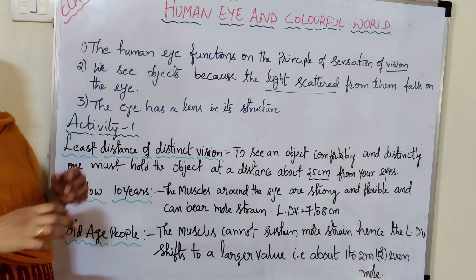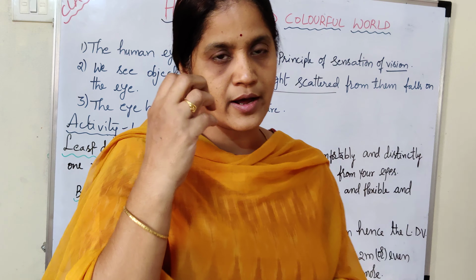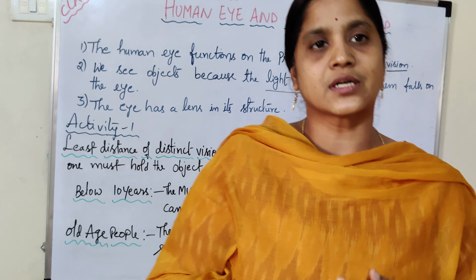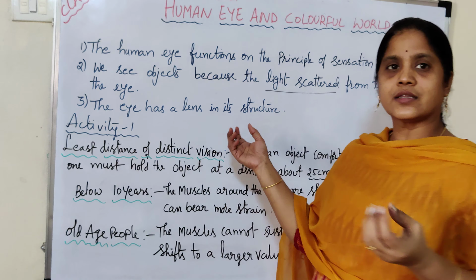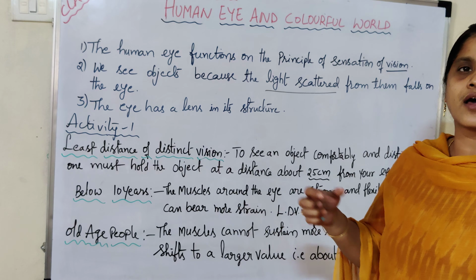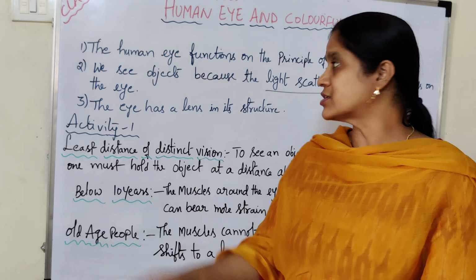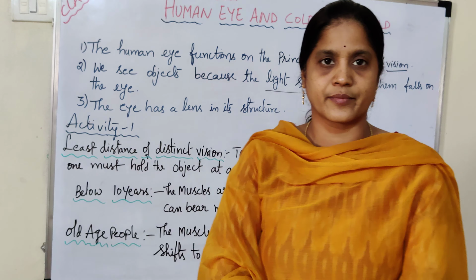Next, inside our eye we have a lens. Due to that lens, we get the image inside our eye. So the eye has a lens in its structure. About this we'll discuss later.